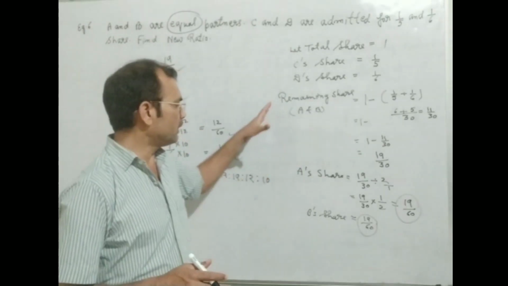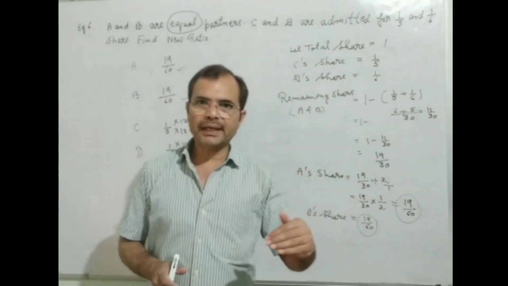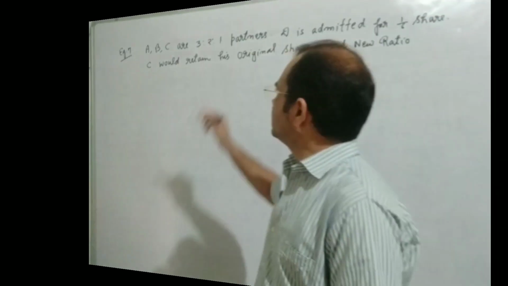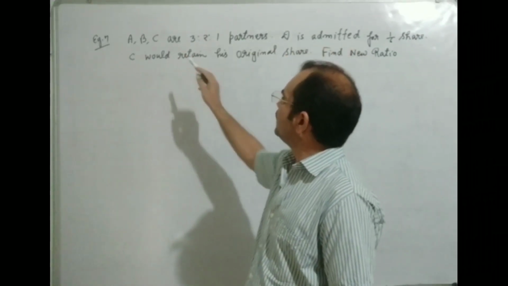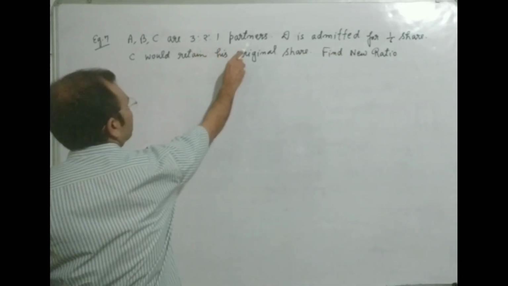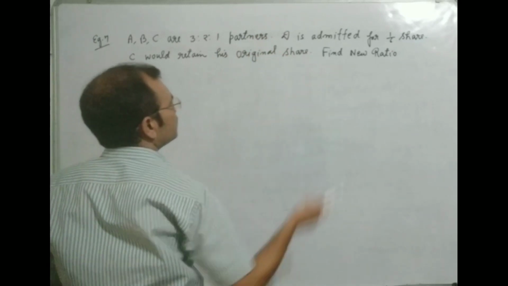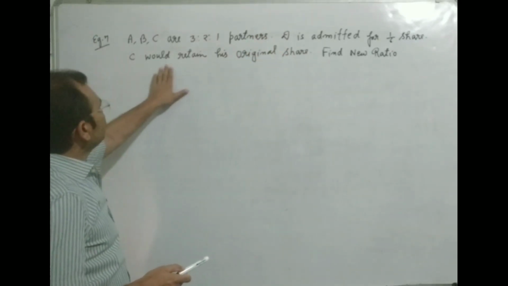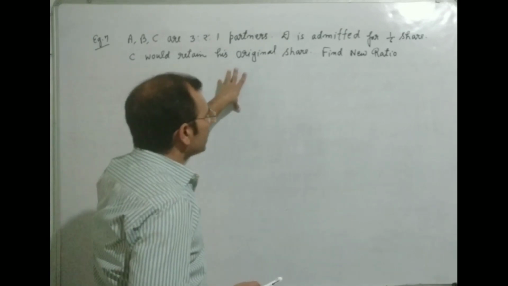Now, after understanding this question, we will take another type of problem. This is the question. A, B, C are partners in the ratio 3 is to 2 is to 1. D is admitted for 1/6 share. C would retain his original share.